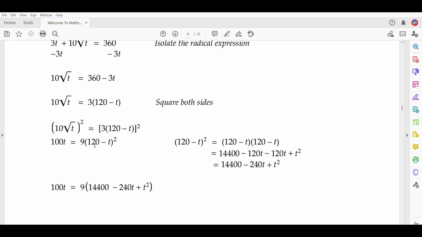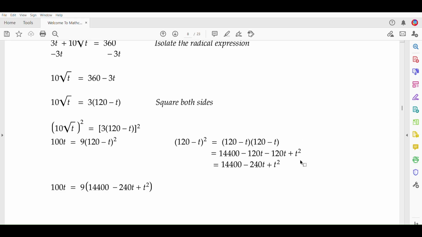120 minus t, squared. Let's figure that out on this side. 120 times 120, 14400. 120 times negative t, negative 120t. Negative t times 120, negative 120t. Negative t times negative t, positive t squared.